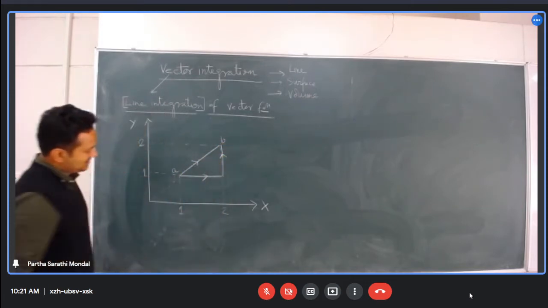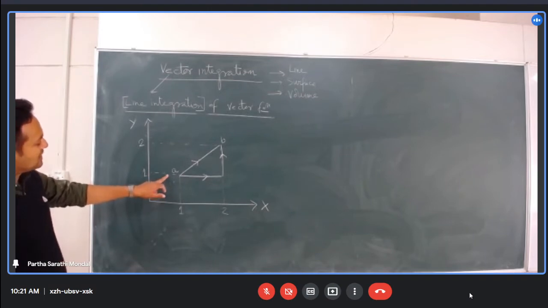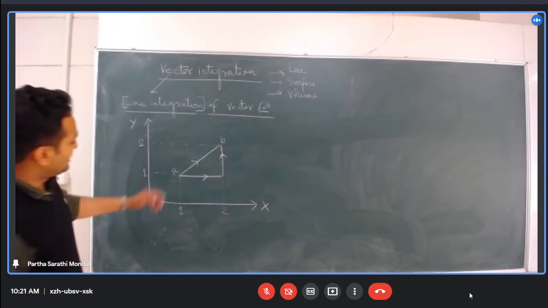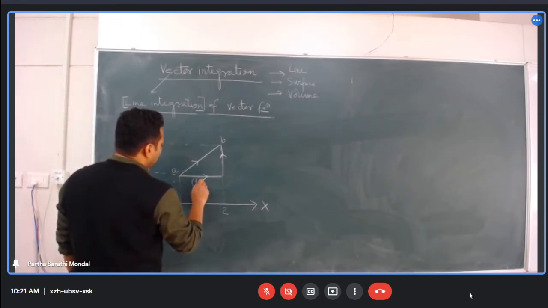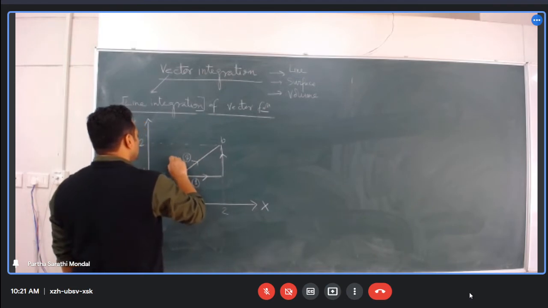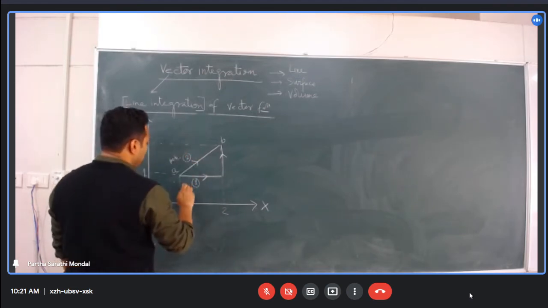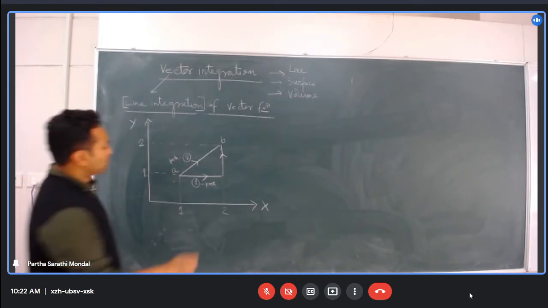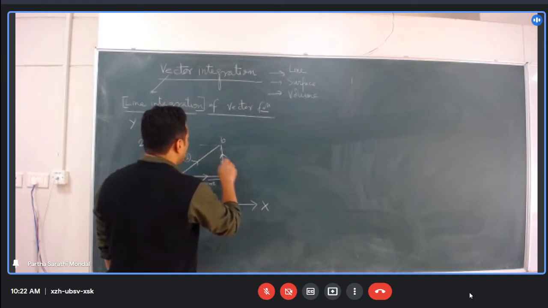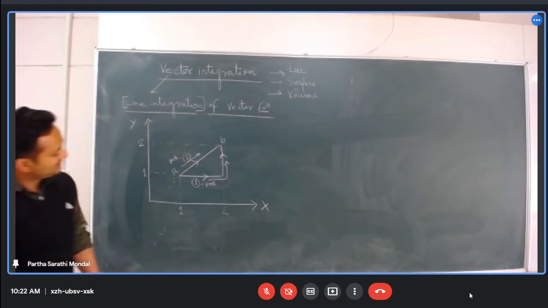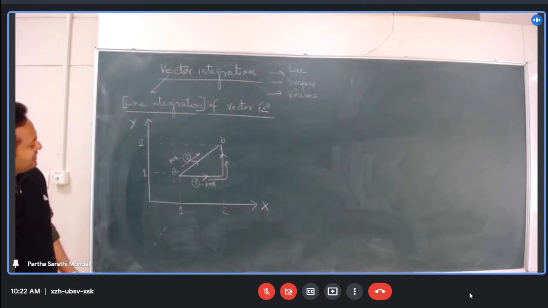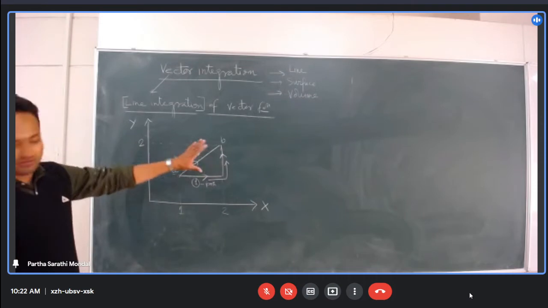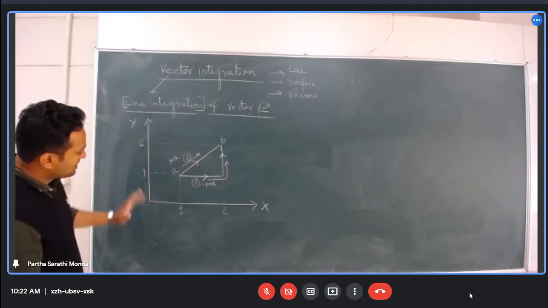So there are two paths by which you can push the particle from A to B. Let's say this one is path 1, and this is path 2. तो दो पाथ में, तो पाथ 1 में कैसे वो ऐसे जाएगा और पाथ 1 में सीधा सीधा चला जाएगा. Okay.